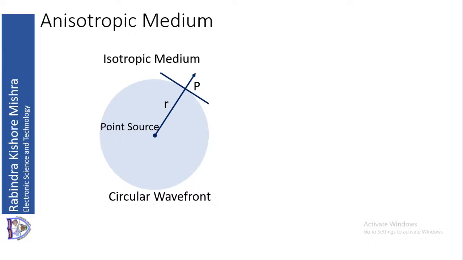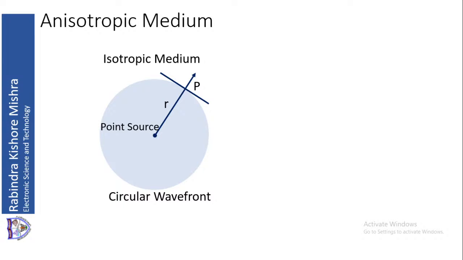Therefore, the phase velocity is constant everywhere. It will be moving with the same velocity. So if I take r is equal to r0, r is equal to r1, r is equal to r2, from r0 to r1 it goes with phase velocity up, and from r1 to r2 it goes with phase velocity up.